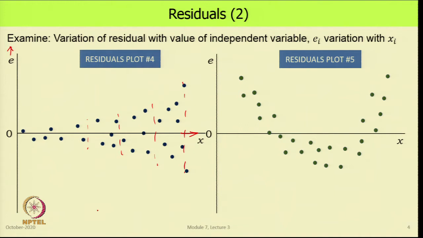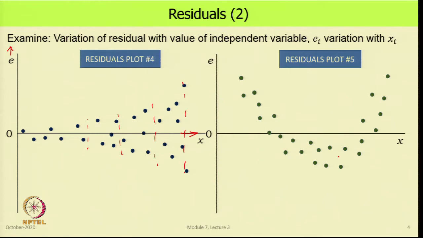Which means that the linear regression that we have fitted to this data is either not a very good assumption, or the data itself needs to be looked at again to see why this is happening. So, this is one example.